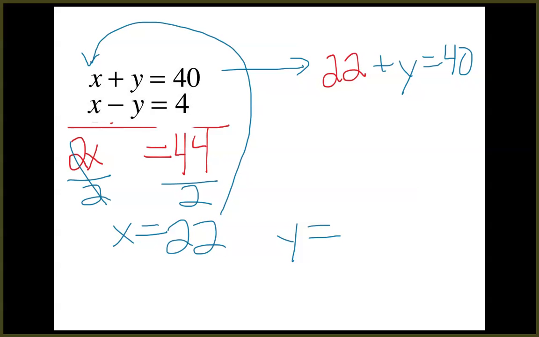Take a second, make sure you see where I got the 22 from. It was here, and since 22 is equal to x, I can plug a 22 right here. So I made it 22 plus y equals 40. Now I'm going to go ahead and solve this equation, and I'm going to do it like this.